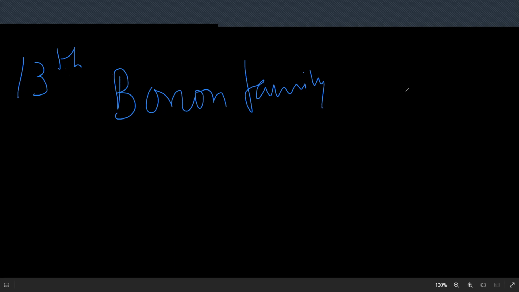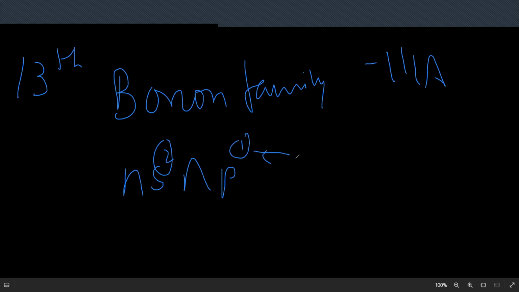Boron family is 3A. General form is ns2 np1. Here 2, 1 means it has 3 valence electrons.